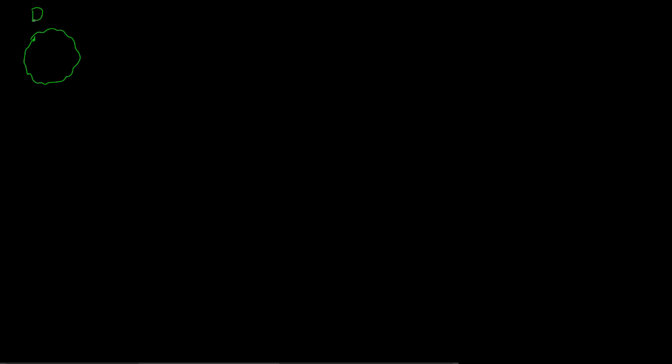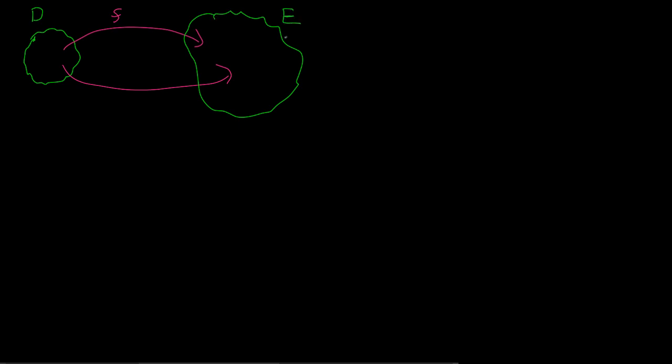So this is some domain D. And this is going to be a function F, and it moves into a new domain, and we're going to call that domain E. And somewhere else, over here, I'll put a capital F. We have some other function, G, that moves between these domains.